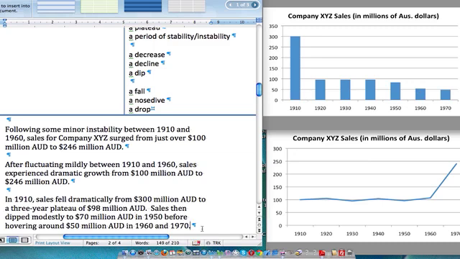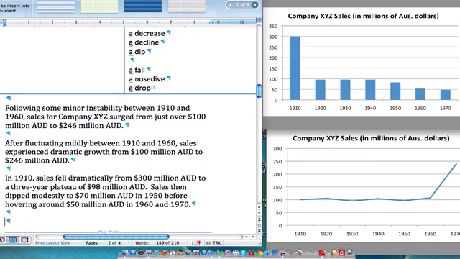Now we could try a different way to explain what's going on here. So perhaps something like, in 1910, let's use our word plummeted, because I have a feeling that might be a new word for some people. Sales plummeted from 300 million AUD. And again, plummeted is sort of like surged in that it has so much meaning behind it, you don't really need to qualify it further.